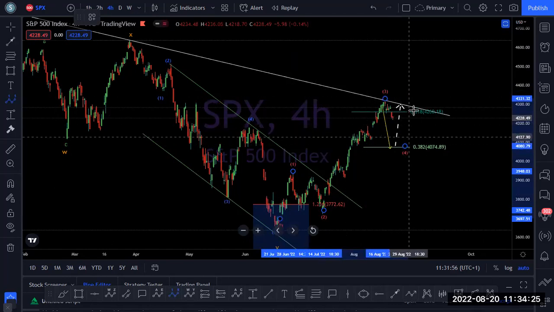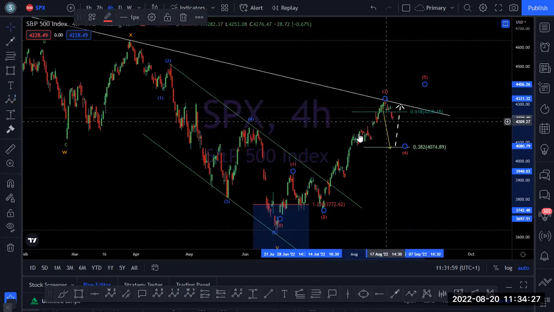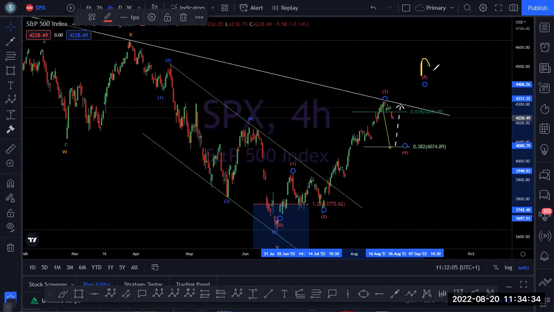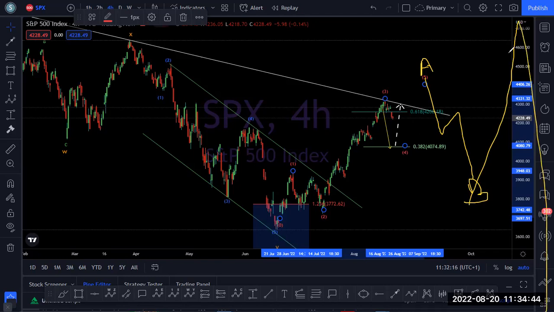So maybe 5, then the fifth wave can be the end. Then from here, we get A, B, C, which is B. From there again, we get another move. After that, either we get a new low from there, or we get a correction and go up again.